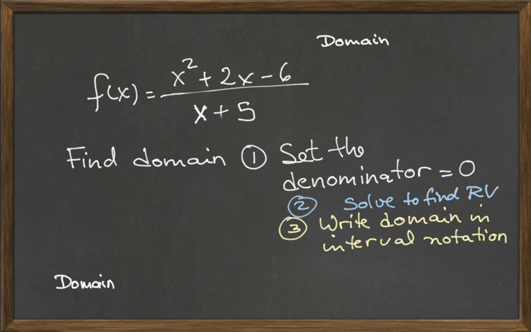To find the domain, the first step is to set the denominator equal to 0. What is the denominator here? x plus 5. Right. So we take the x plus 5 and you set it equal to 0. First step.